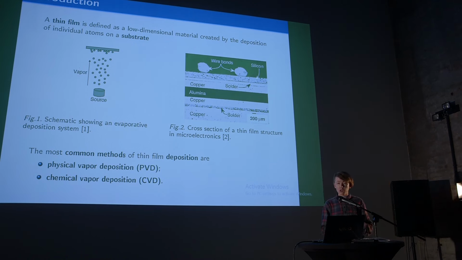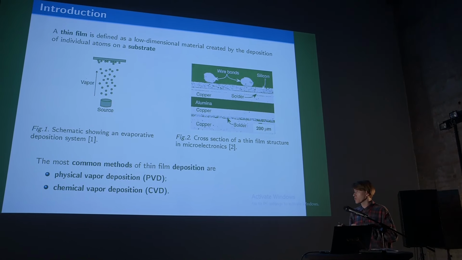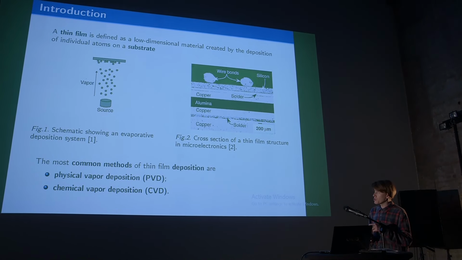Two-dimensional material created by deposition of atoms on a substrate, and we have different mechanisms for it. We can use heat to vaporize the material that we then deposit on the substrate, or we can use different chemical reactions for that.